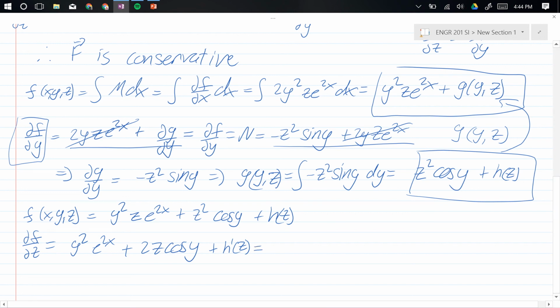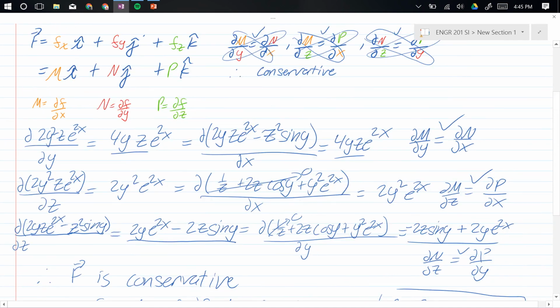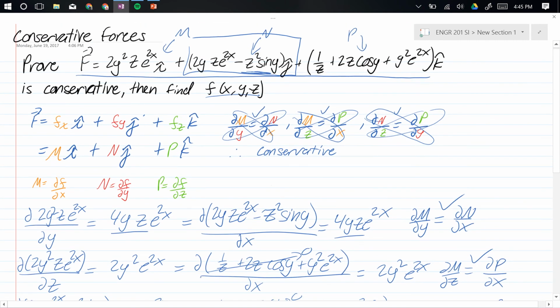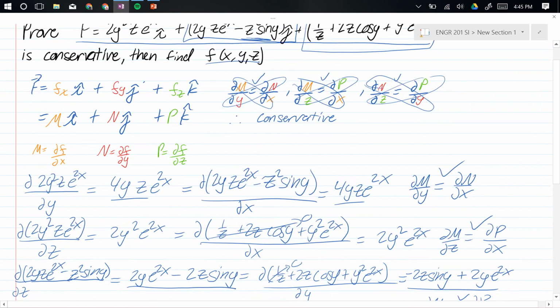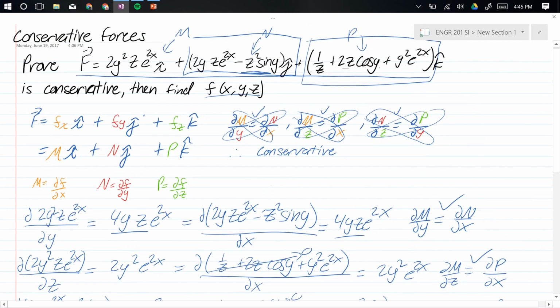Then I set this equal to our p, or our partial f with respect to z, and that's all up here. So we're going to see what we're missing from this, and just by looking at it, I'm going to guess that our h prime is going to equal 1 over z, because that's the only thing that doesn't include an x or a y in it. Plus, I think these two are already included.